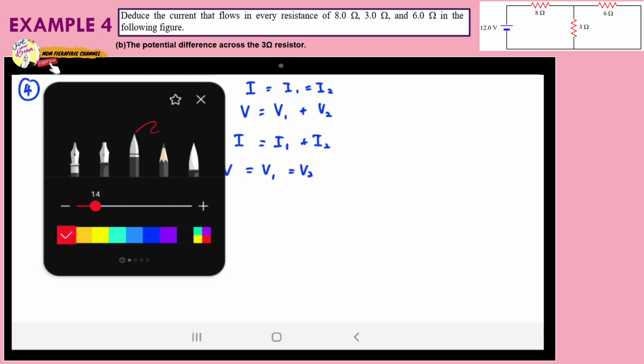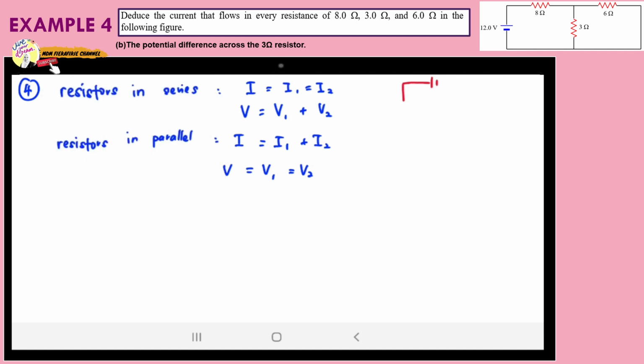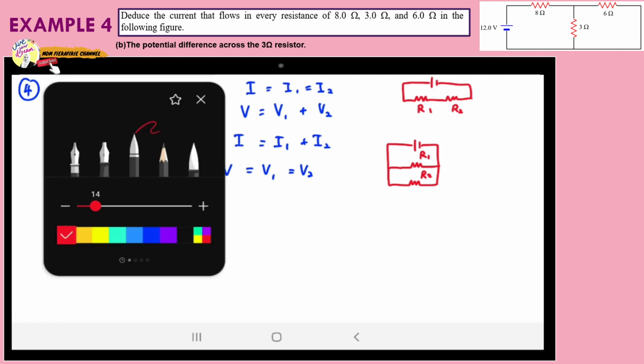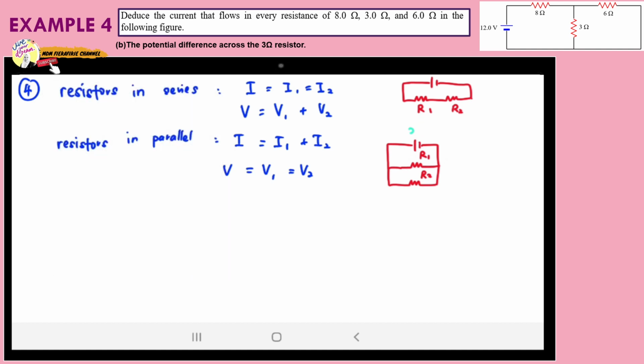Okay, so let's say this is the circuit, the combination of R1 and R2 in series. And this one is R1 and this is R2. So this is in parallel. Let's say this is 2 volt.